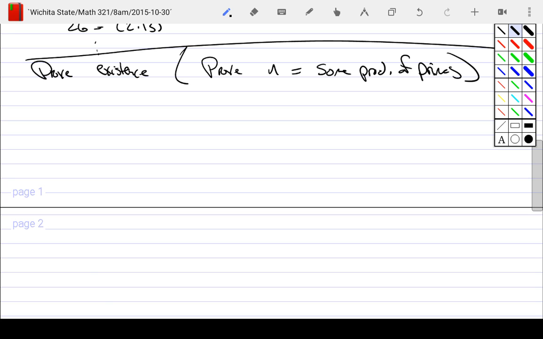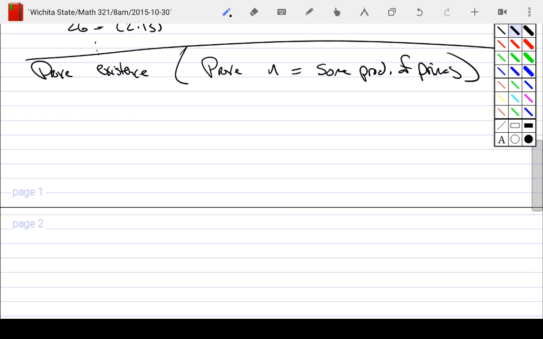Not unique, but just some primes multiply to every possible number. For all numbers n, there are some primes that will multiply together to make that n. I don't care what they are, just that they exist. Uniqueness was later. Normally the order would be prove existence then uniqueness, but we've already handled uniqueness. So in that we would say, okay, it exists. Not only does it exist, they're unique.